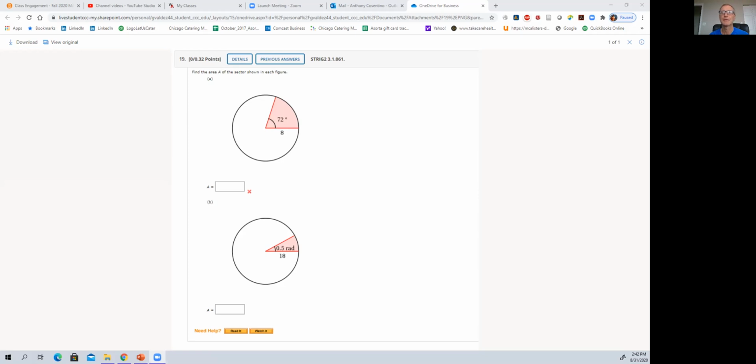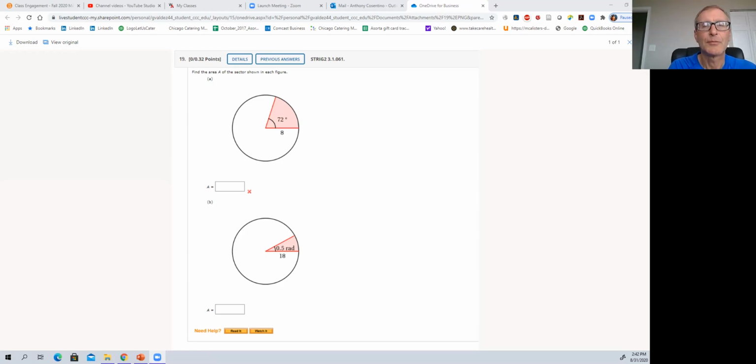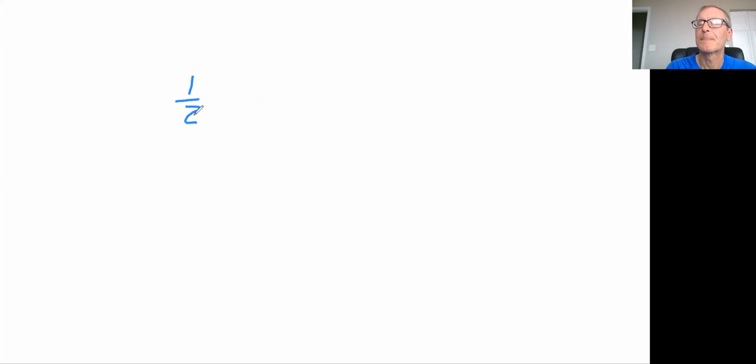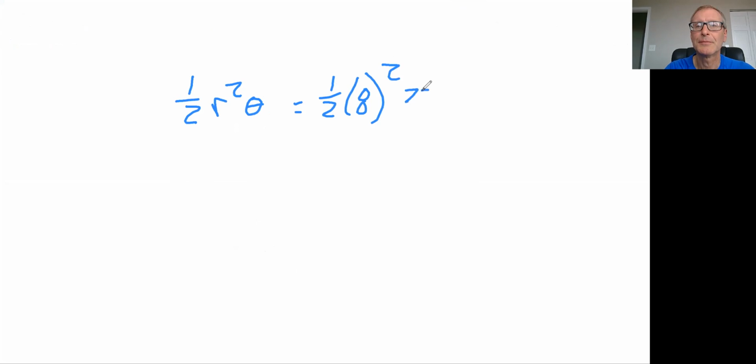So again, it's 1/2 r squared times theta, where theta has to be in radians. So that would be 1/2 times 8 squared, and then we have 72, and to convert that, you would have pi over 180.